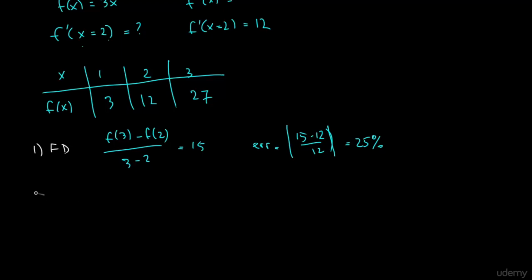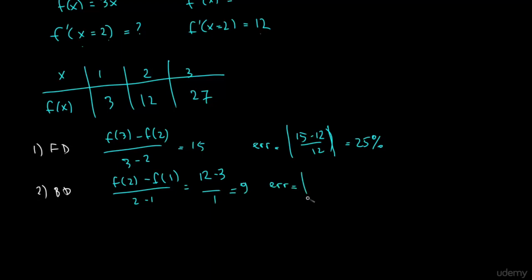Now let's do the backward difference. So the second option is the backward difference. Once again, we do f of 2 minus f of 1, divided by 2 minus 1, and that's equal to 12 minus 3 divided by 1, which is equal to 9. So 9, once again, is not the same as 12.